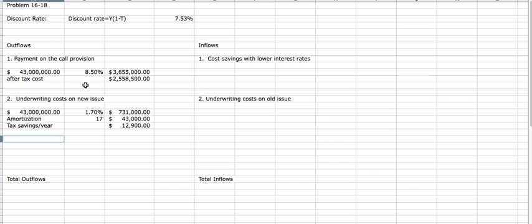So our actual expenditure is $731,000, less the present value of our future tax savings, which will give us our net cost of the underwriting expense.